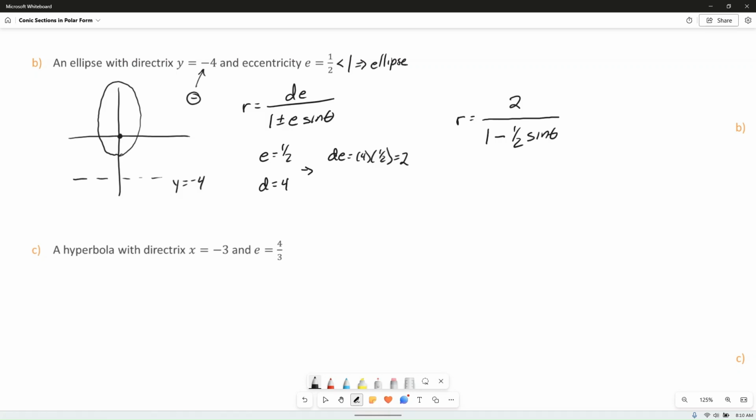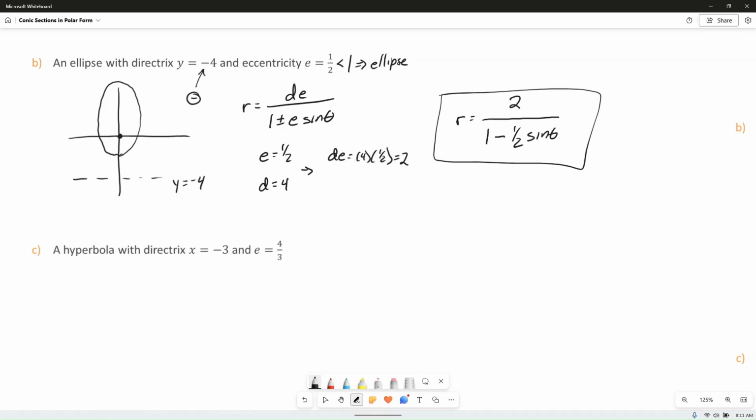So we have r equals 2 divided by 1 minus a half sine of theta. All right, that's going to be the equation for an ellipse in polar form that has a directrix of negative 4, an eccentricity of a half, and a focus at the origin.